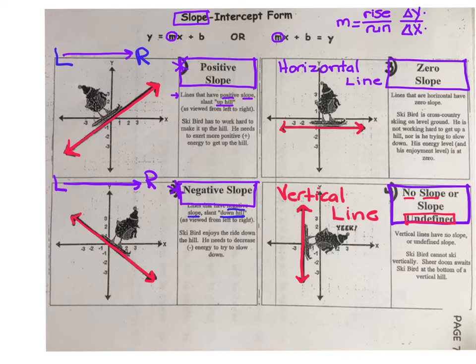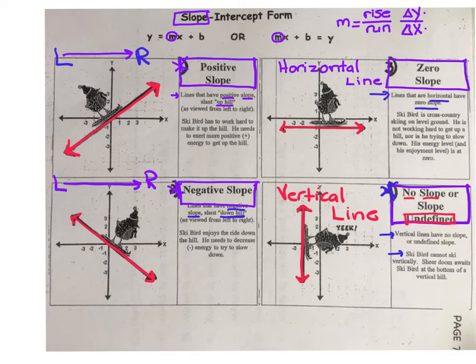In case number 3, it states, lines that are horizontal have zero slope. And lastly, case number 4, vertical lines have no slope or undefined slope. Ski-Bird cannot ski vertically.